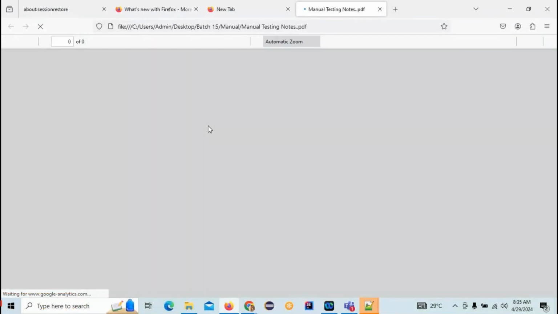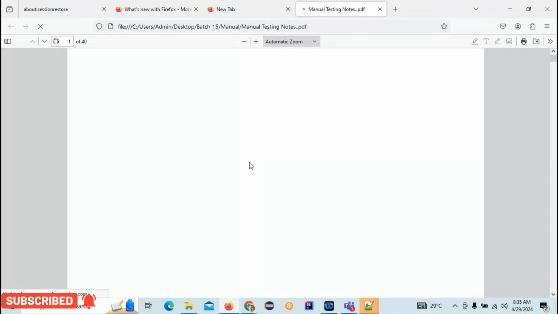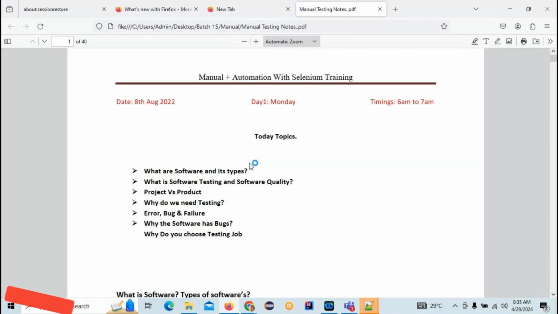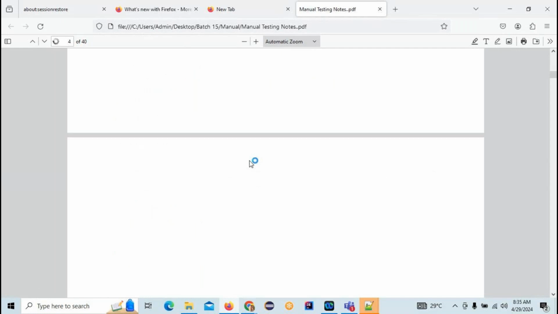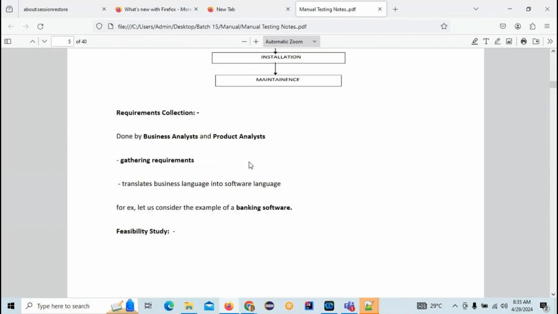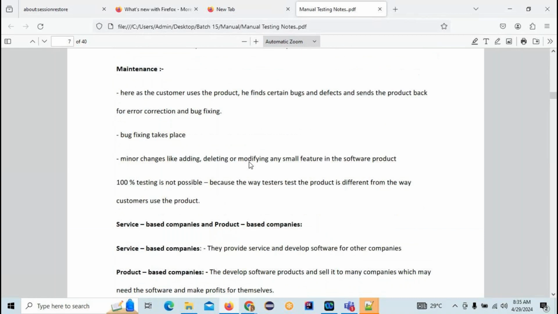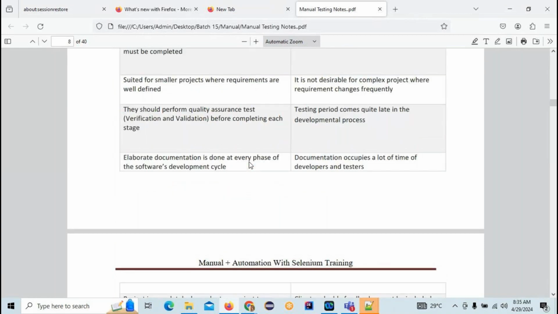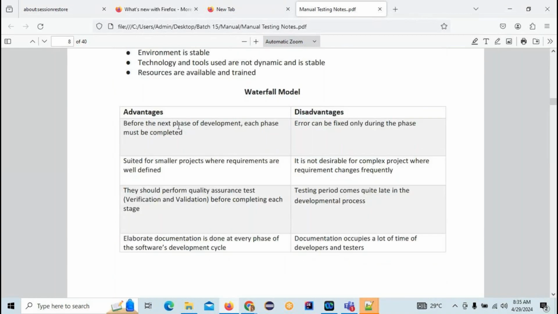So here you can see these are the advantages and disadvantages. Let's see the advantages first, then we can see the disadvantages.